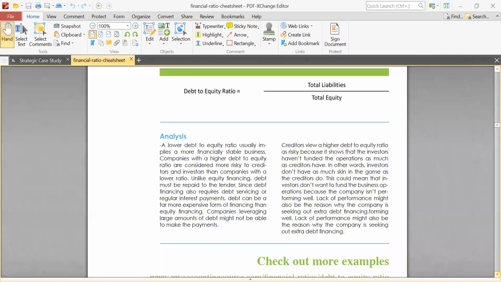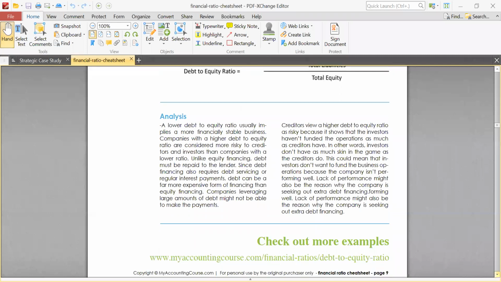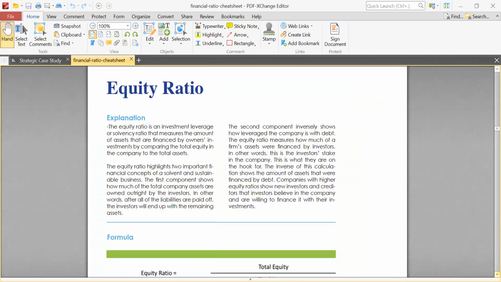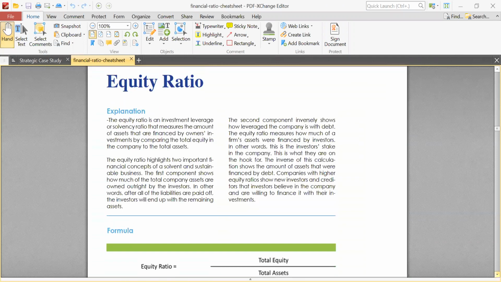Some people also call these solvency ratios gearing ratios. Then we have the equity ratio. The equity ratio simply measures the proportion of assets that are financed by the owners of the business.